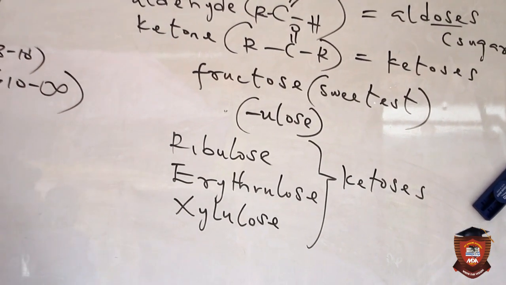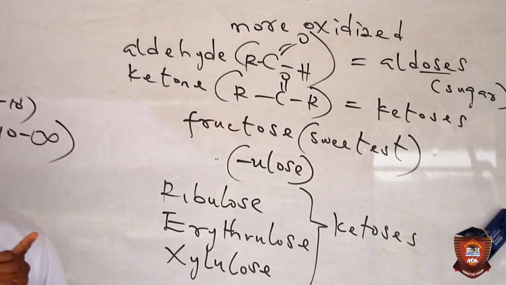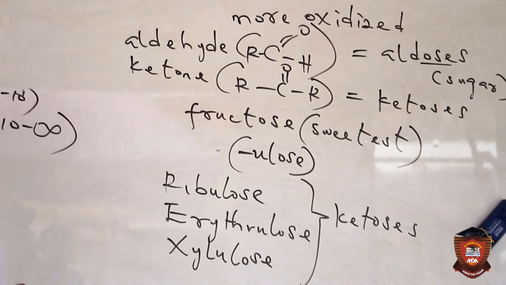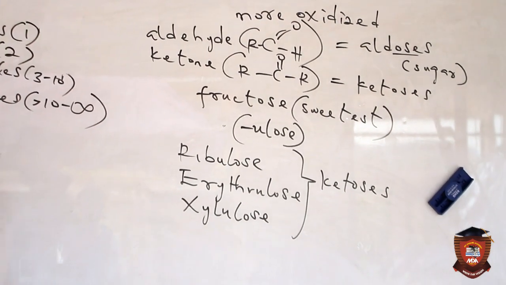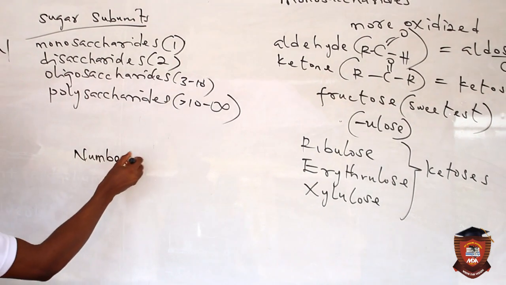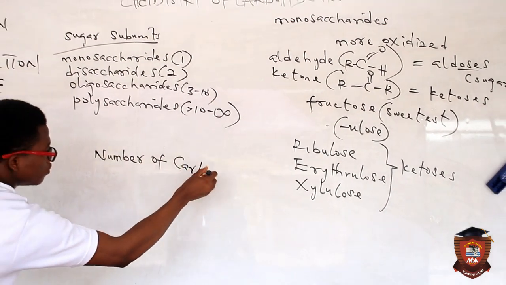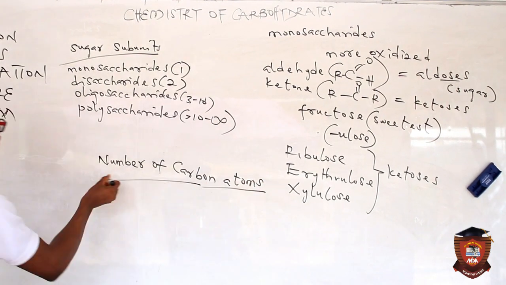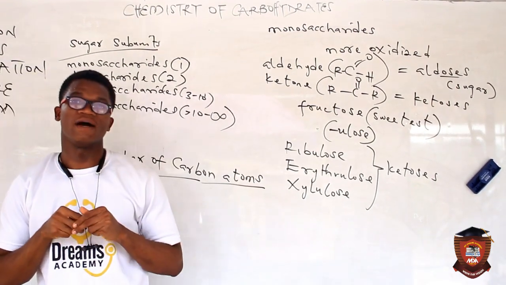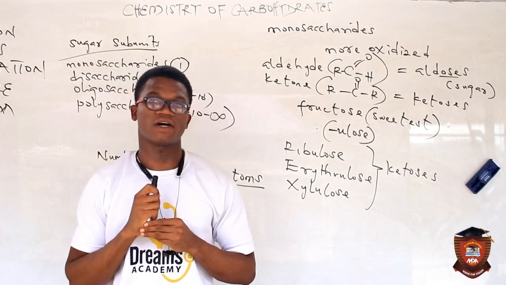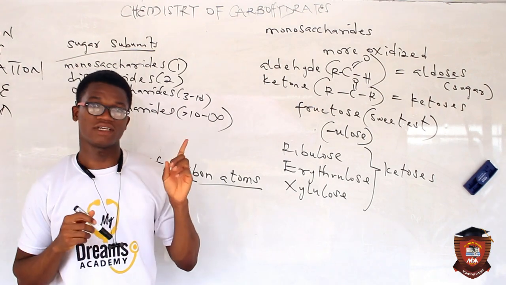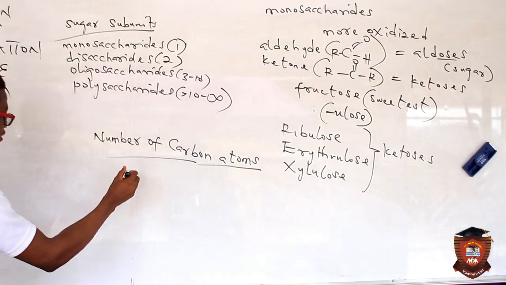Now, still under monosaccharides, there is another criterion for classification, and that is the number of carbon atoms. So monosaccharides can be classified based on the number of carbon atoms. We have the monosaccharides that have 3 carbon atoms. They are called the trioses.